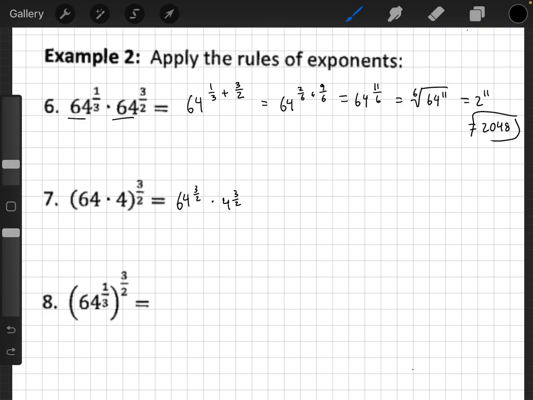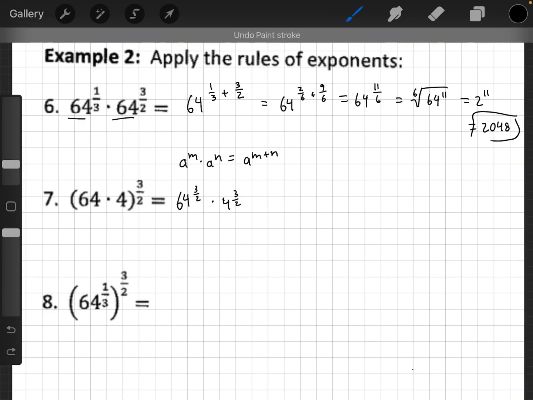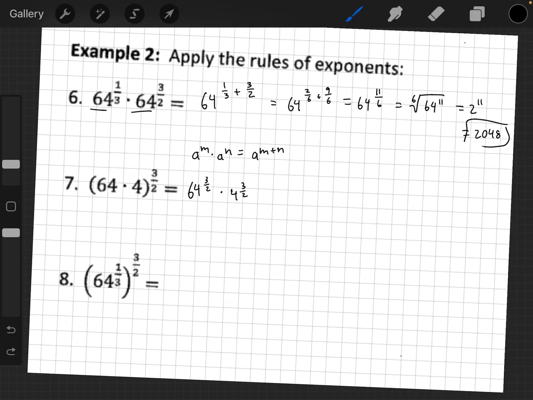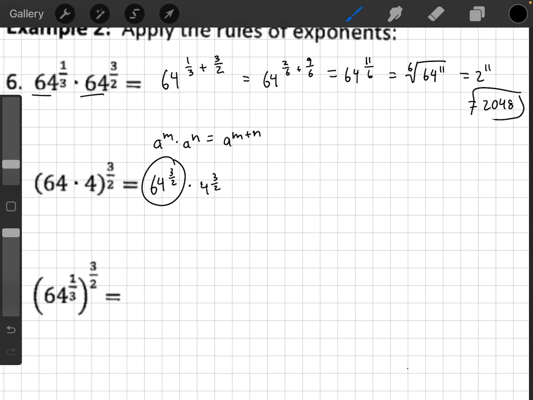That way we can use this rule, a to the power of m times a to the power of n equals a to the power of m plus n. But here, 64 and 4 are not the same term. So in order to work with this, we're going to try and transform this term to match 4.